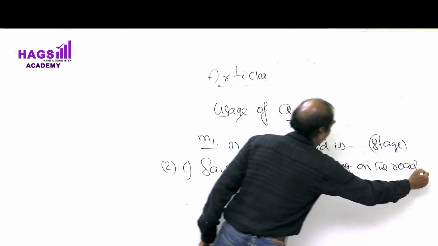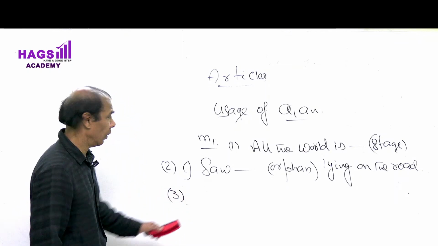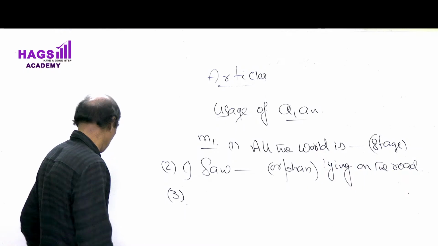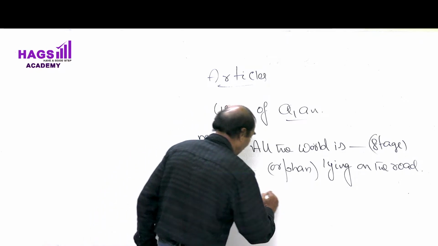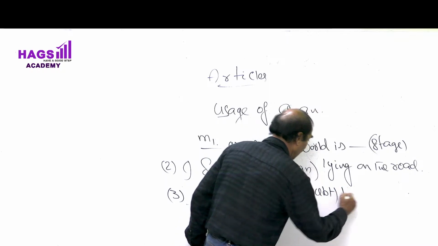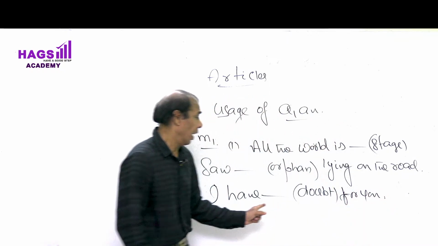Okay? Look at the board. 3. Look at the board. I have dashed doubt. I have dashed doubt for you. See, I have dashed doubt for you.